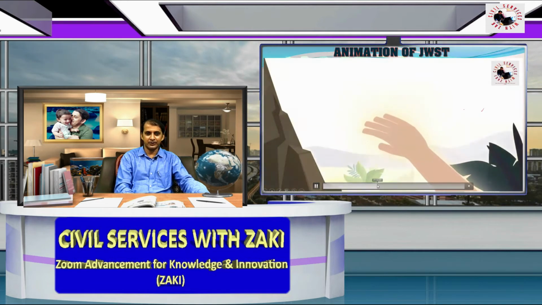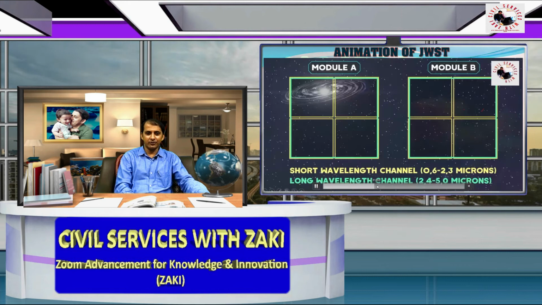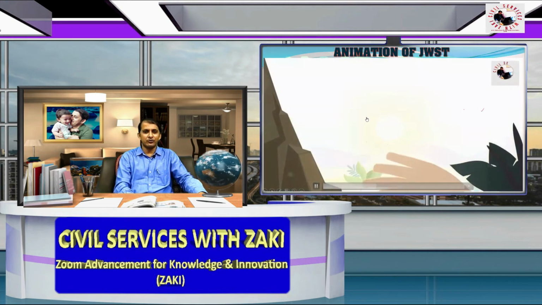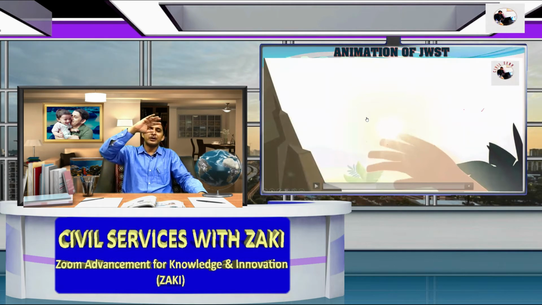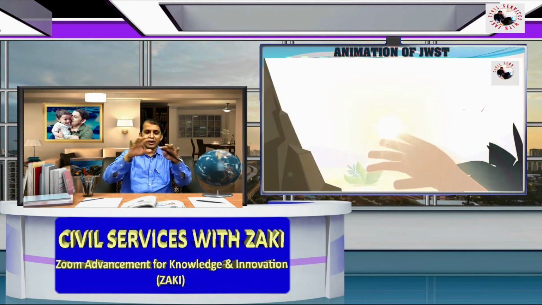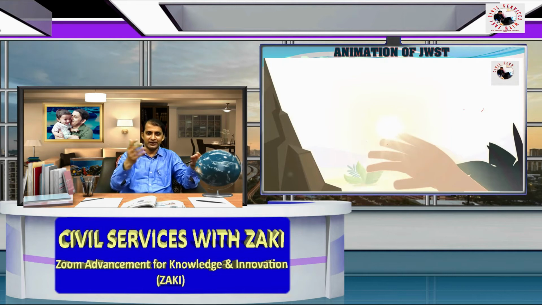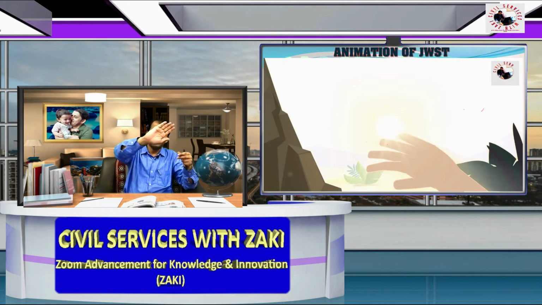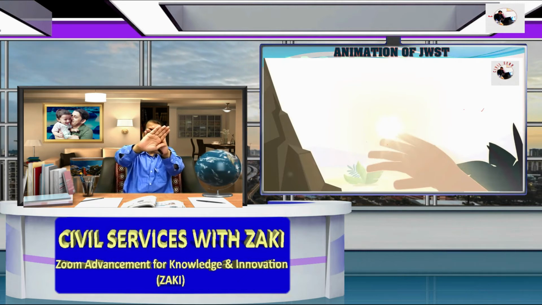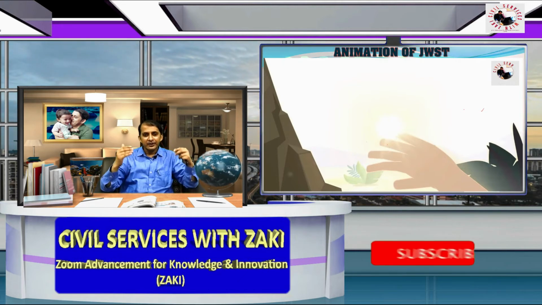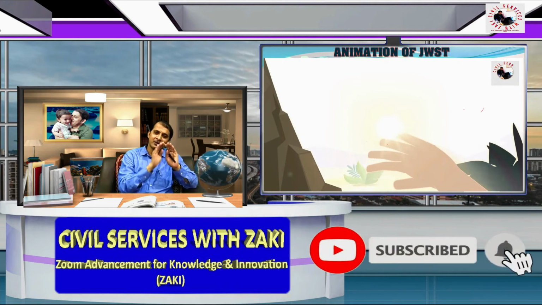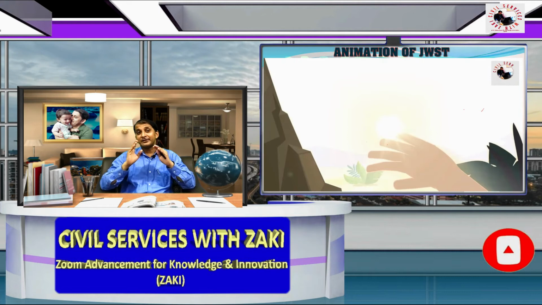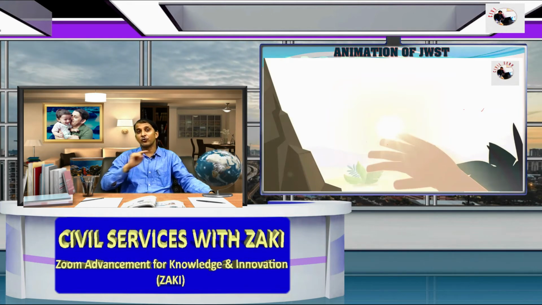It is also equipped with a coronagraph. So what is a coronagraph? If there is a bright light, you cannot see things beyond this side of the light. If you block this light, then you can see clearly. That type of instrument is used in the James Webb Telescope, and it is called a coronagraph.